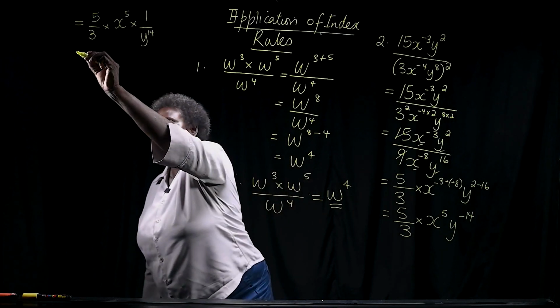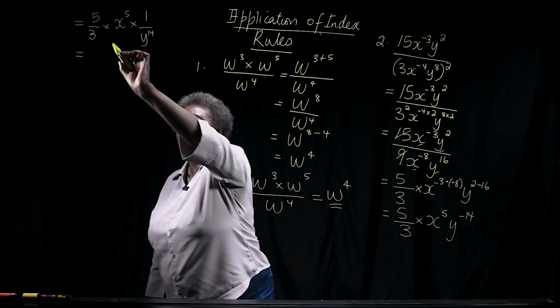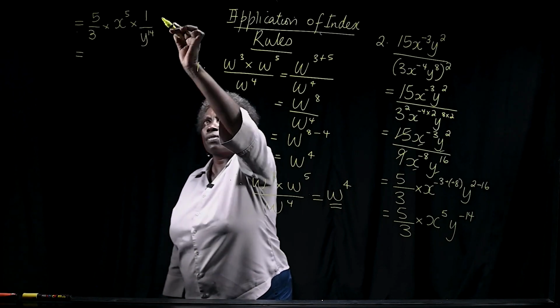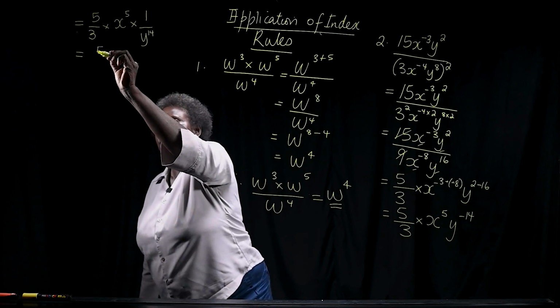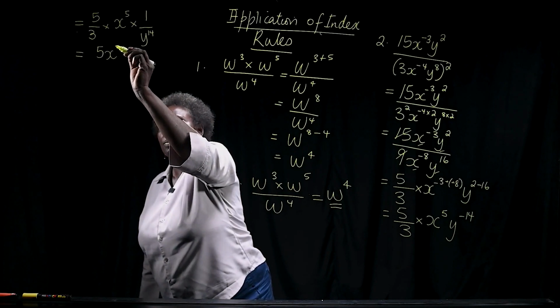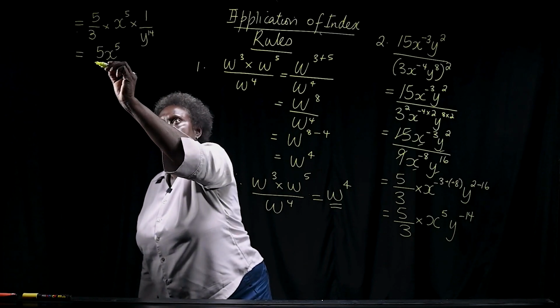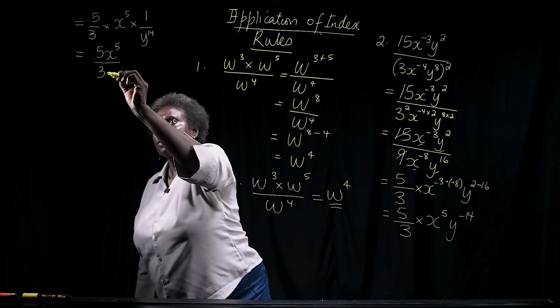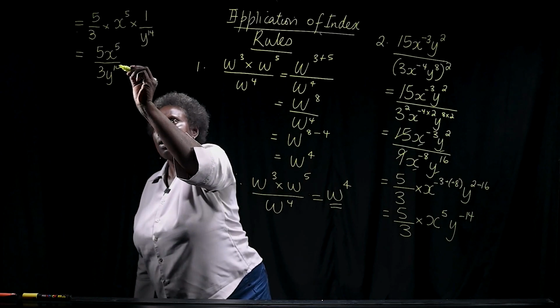So when I simplify it, that will be equal to 5 times x to the power of 5 times 1 is 5x to the power of 5 over 3 times y to the power of 14 is 3y to the power of 14.